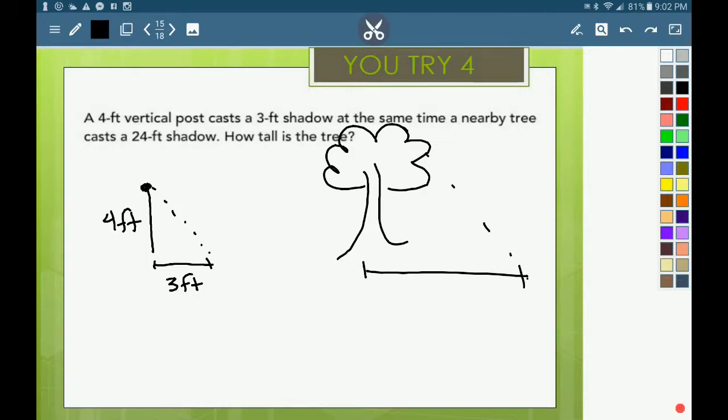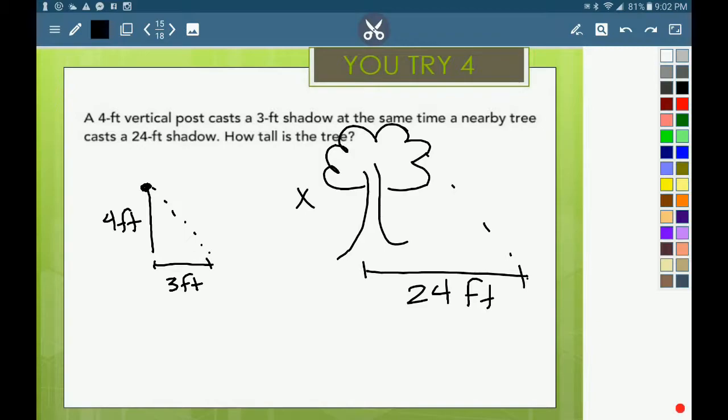And this tree is casting a 24-foot shadow, and we don't know the height of this tree. So it's created similar triangles because of the shadows. The sun is creating the same angle off the top of these things.